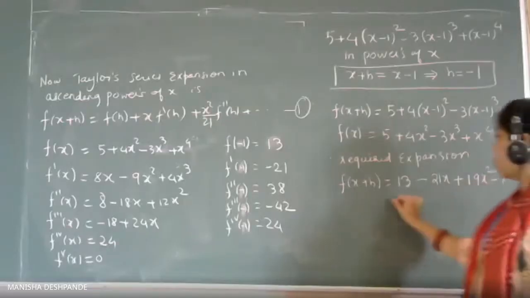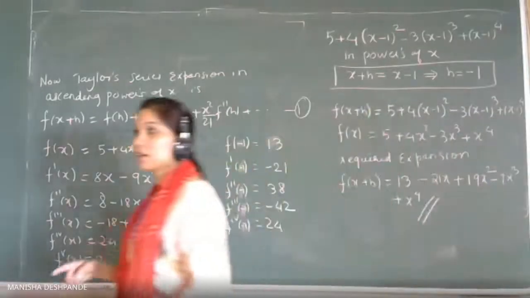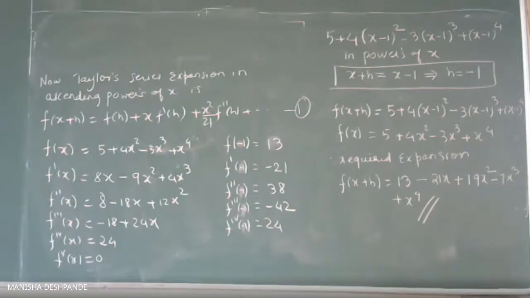That's your answer. This question also we had done, no? The previous one. So 13 minus 21x plus 19x square minus 7x cube plus x raised to 4.